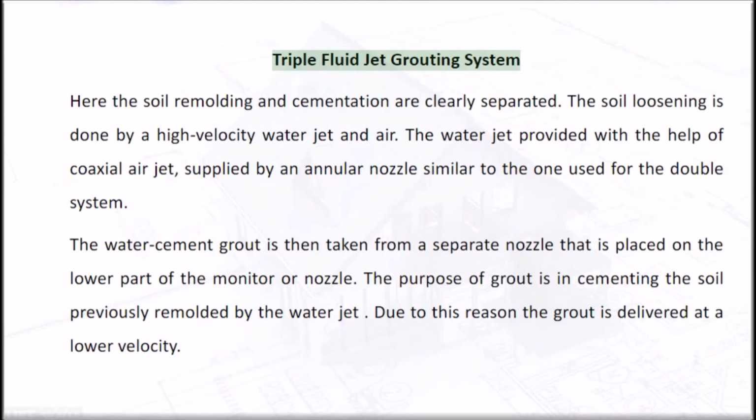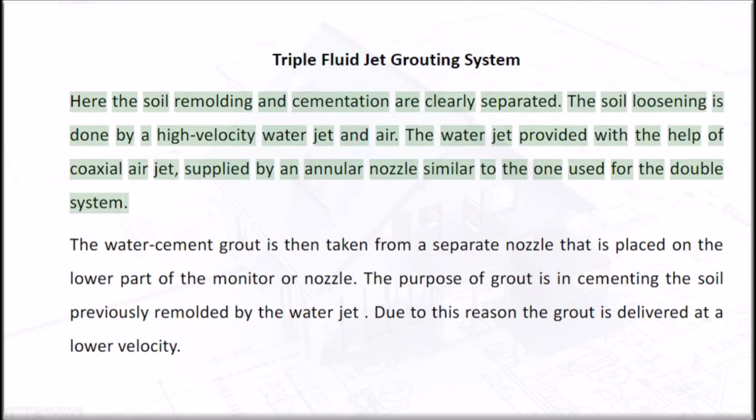Triple fluid jet grouting system. Here the soil remolding and cementation are clearly separated. The soil loosening is done by a high-velocity water jet and air. The water jet is provided with the help of a coaxial air jet, supplied by an annular nozzle similar to the one used for the double system.